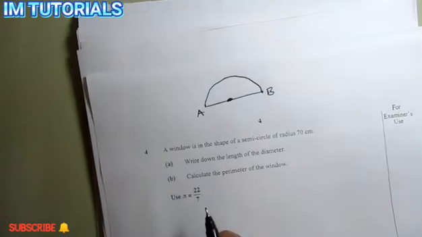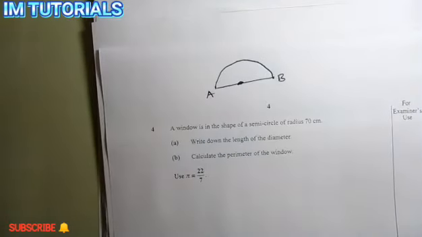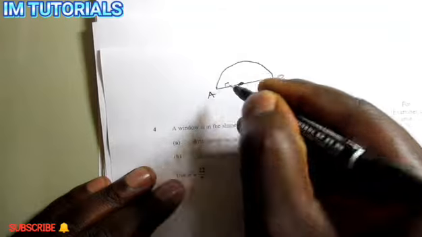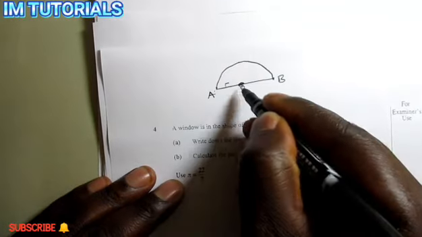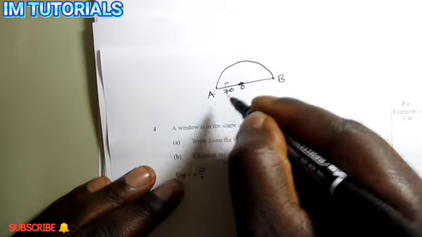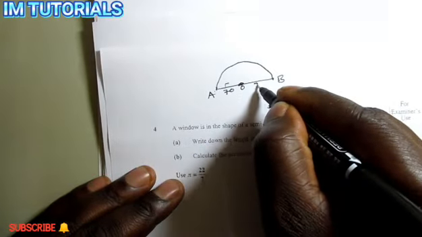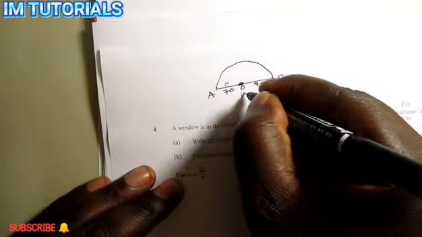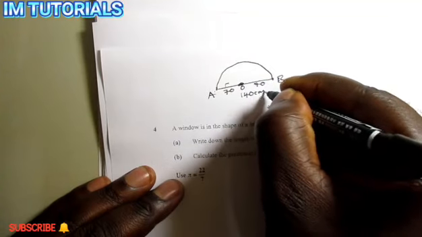So if the window is in the shape of a semicircle with a radius 70 centimeters, you need to understand that radius is the distance from the center to the circumference. So this is radius. It covers from A to this center O. So it means that we have 70 centimeters from A to O, and we have 70 centimeters from O to B. It means that the diameter of this semicircle is 140 centimeters.